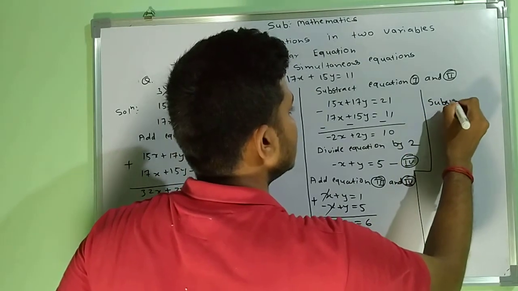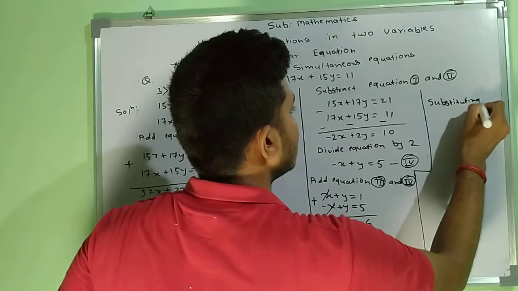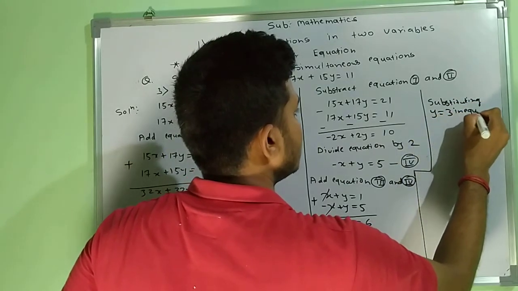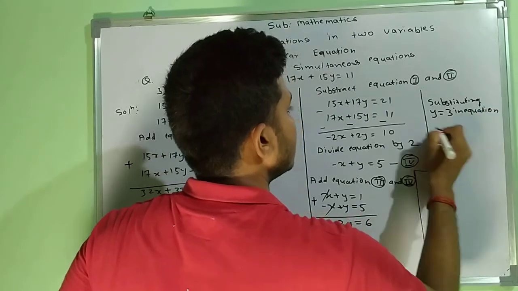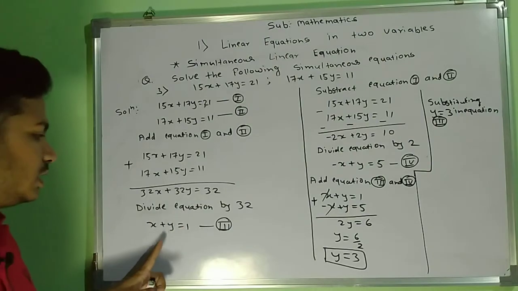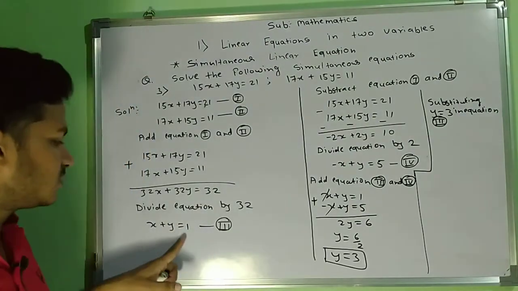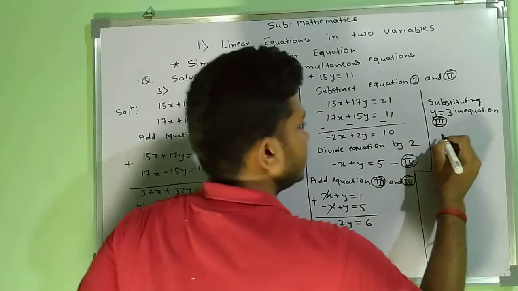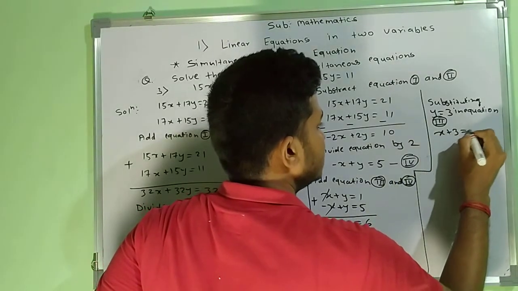After substituting y is equal to 3 in equation number 3. Our equation number 3 is x plus y is equal to 1. So value of y is 3. That means x plus 3 is equal to 1.